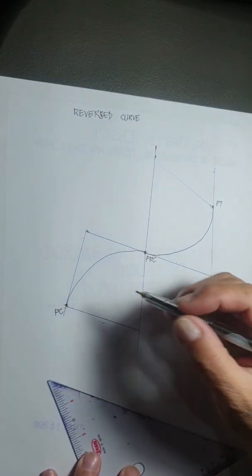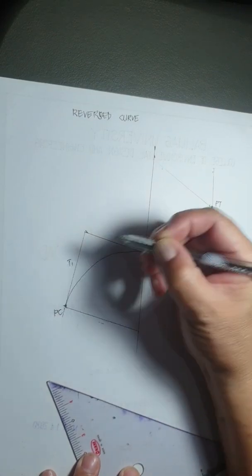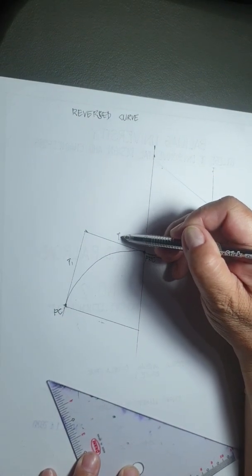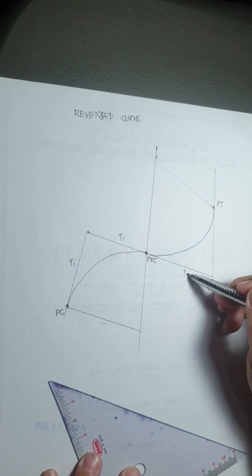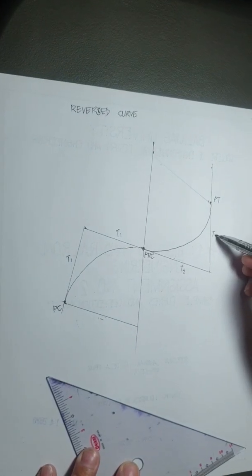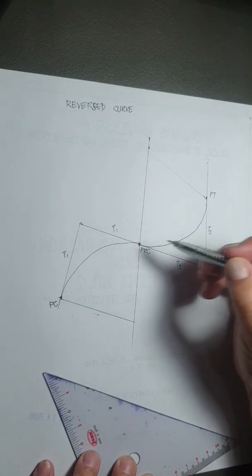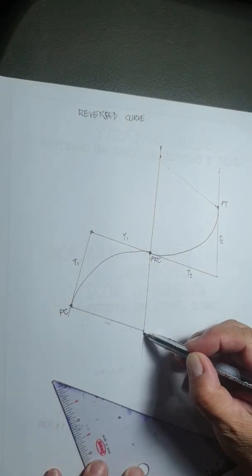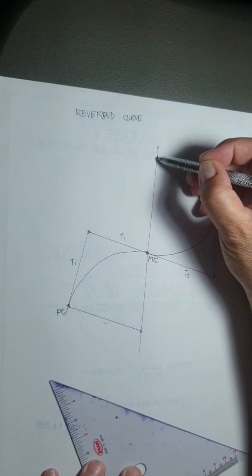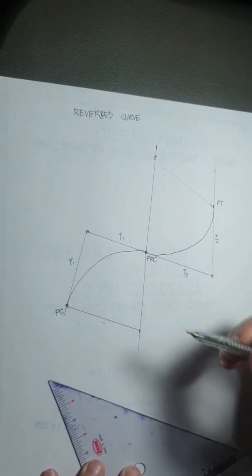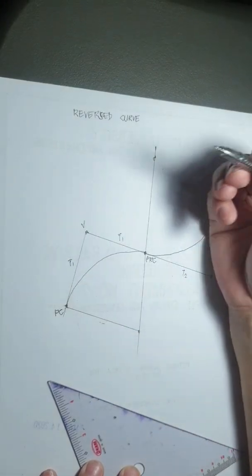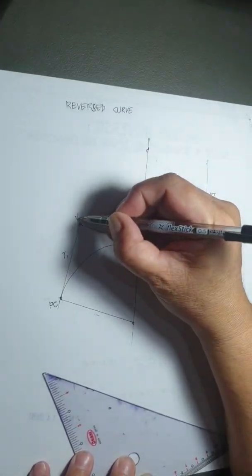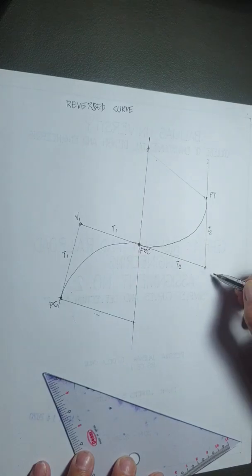So, with that, you have T1. Label this as T1. This one is T2. Okay? This one are your point of intersection. So, this one is also known as point of intersection. Pero we call it now vertex 1. This is vertex 2.